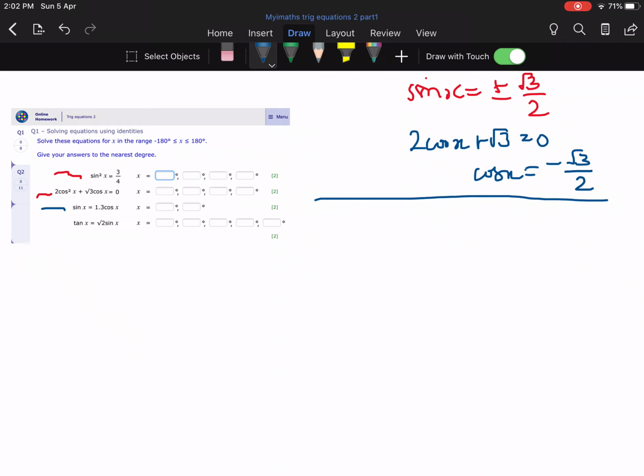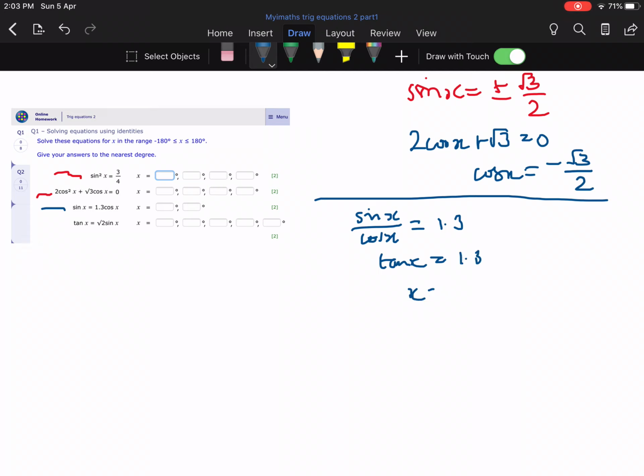So for question 3, I would end up with sine x over cos x is equal to 1.3, which is equal to tan x equals 1.3.